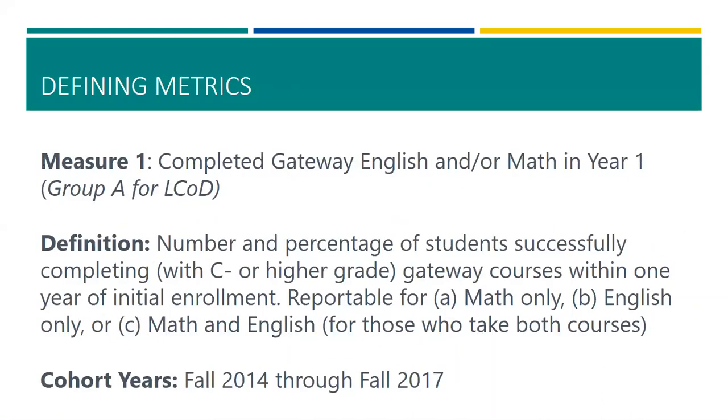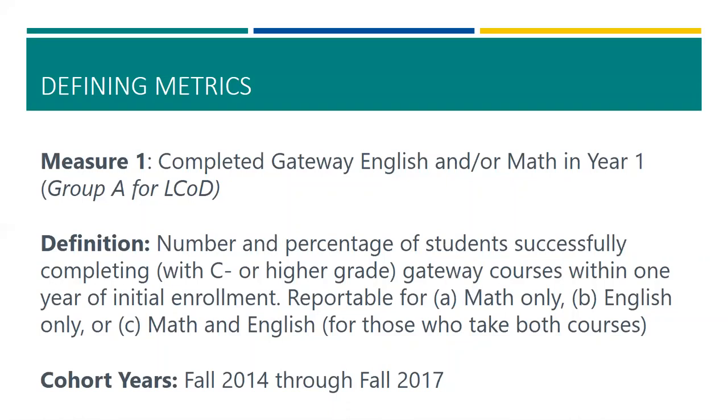A little more about the definitions of these metrics. So measure 1, which is completed Gateway English and/or Math in year 1. If you're going for Leader College of Distinction, this is in Group A. It's the number and percentage of students who successfully completed, with a C- or higher, Gateway courses within 1 year of initial enrollment.